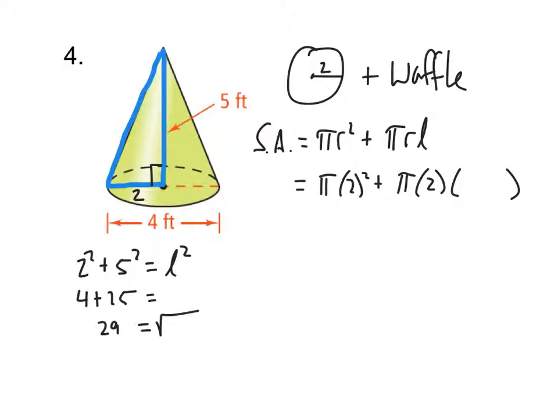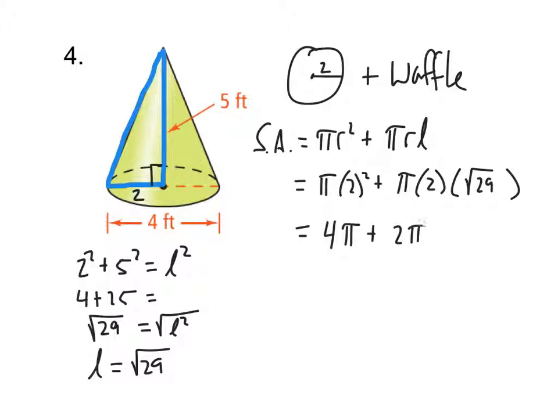And if I take the square root of both sides, I find that my slant height is the square root of 29, which I need to leave as the square root of 29 because I don't want decimals yet. I need an exact answer. And the square root of 29 can't be simplified. It can't be reduced. That's it. So we plug it in up here. 2 squared is 4 times pi plus 2 pi times the square root of 29.